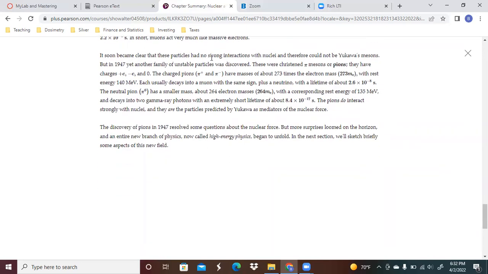Then it became clear that these particles have no strong interactions with nuclei and therefore could not be Yukawa's mesons. So in 1947, yet another family of unstable particles was discovered. They were christened pions, or pi mesons. They have charges plus e, minus e, and 0. The charged pions have masses of about 273 times the electron mass, with rest energy of about 140 MeV.